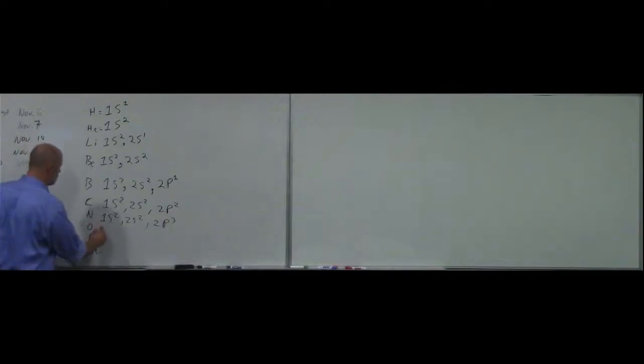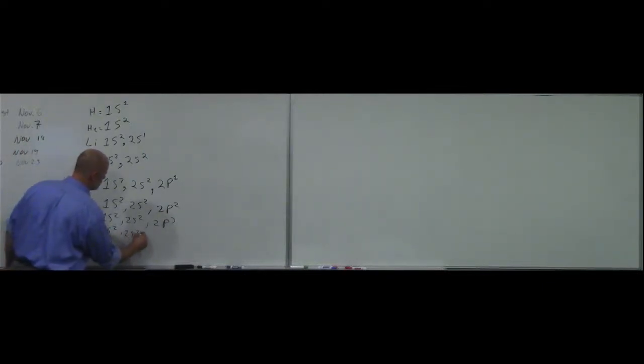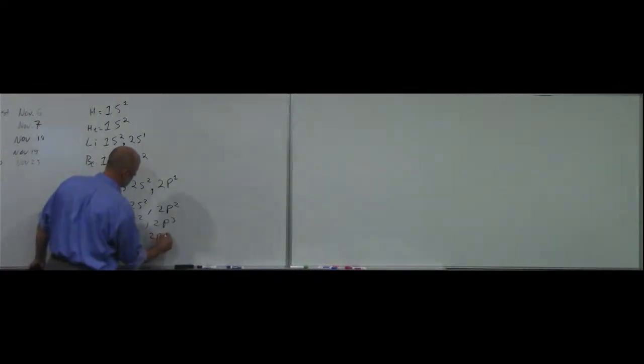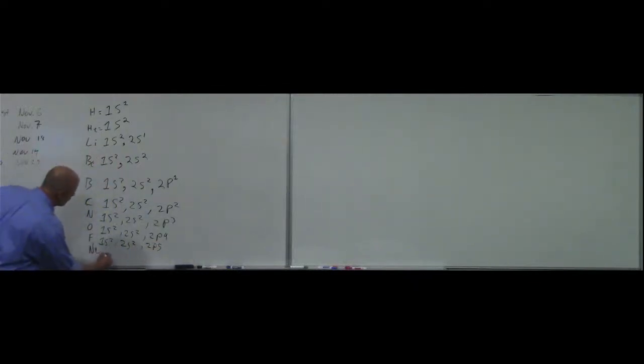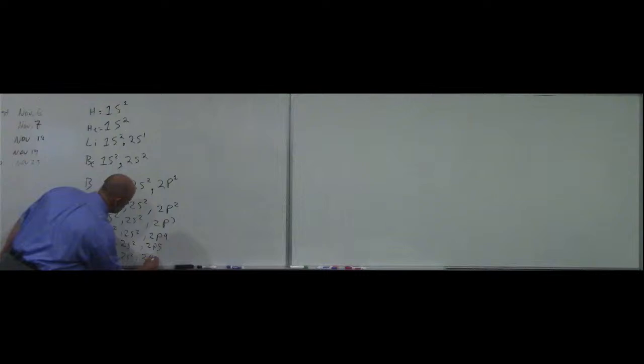So we'll keep going: 1s2, 2s2, 2p4. And now 1s2, 2s2, 2p5. And then neon, 1s2, 2s2, 2p6.